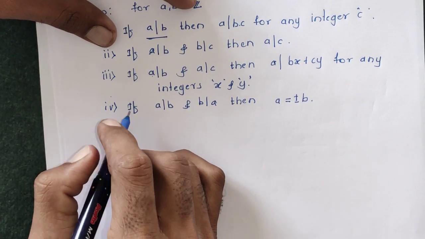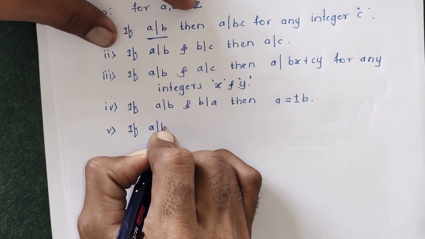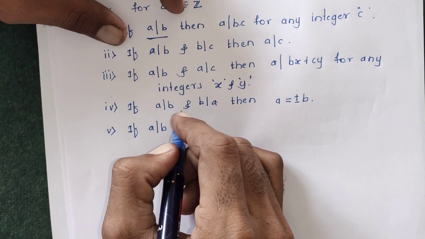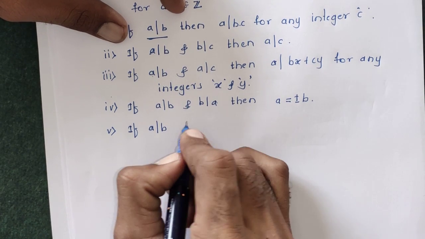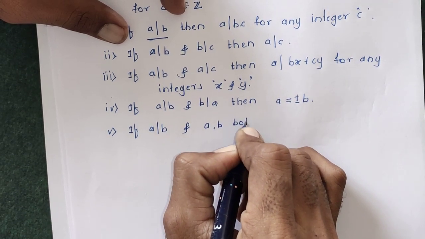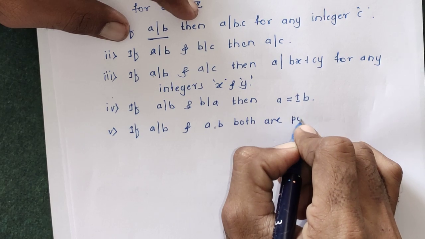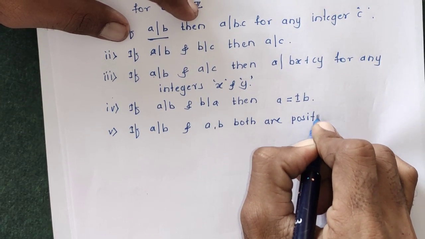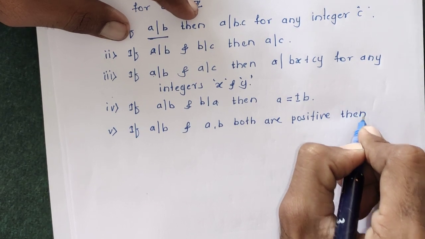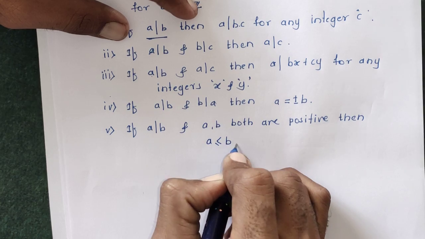The fifth statement is, if a divides b and a, b both are positive, then a is less than or equal to b.